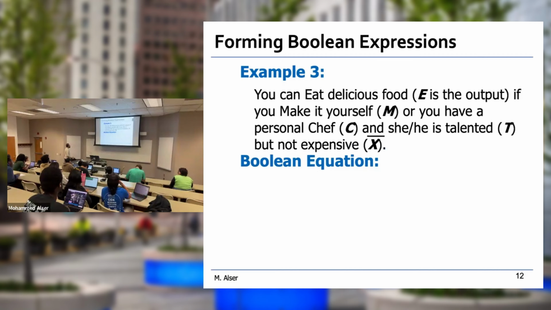Let's take another example. You can eat delicious food if you make it yourself. So delicious food, it's up to you, you could use D, for example. If you make it yourself, M equals 1. Or you have a personal chef, C. Remember, there's OR.